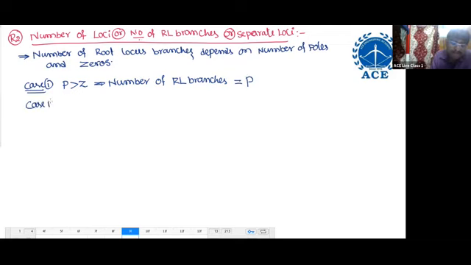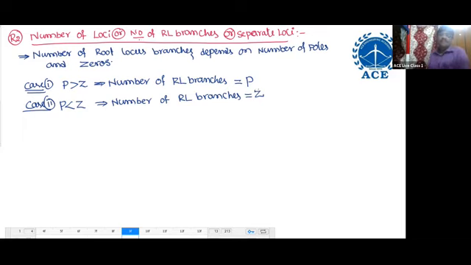Case 2: poles less than zeros. The number of root locus branches equals the number of zeros. Whichever is larger, that is what we get. If poles are greater, we get the poles. If zeros are greater, we get the zeros.